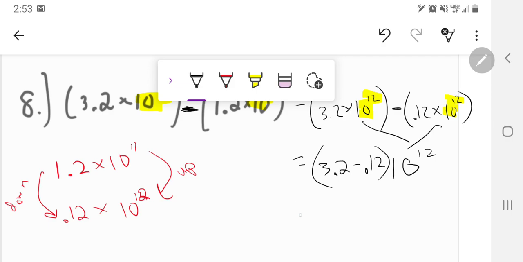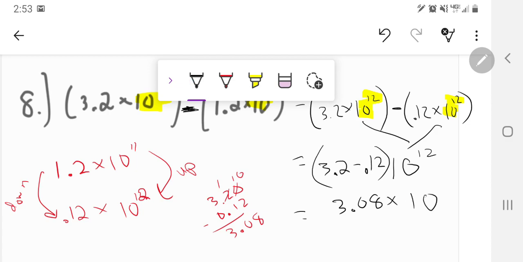Now I'm ready to do my scratch work. 3.2 minus 0.12. Put my 0 in, got to borrow, make that a 10, so I get 3.08. And I have my times 10 to the 12th.